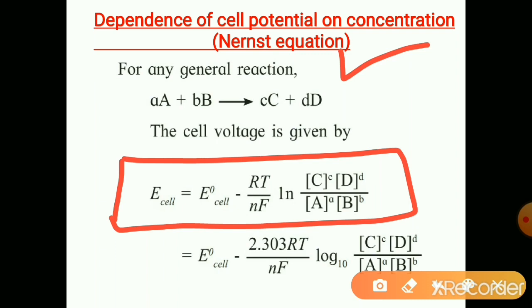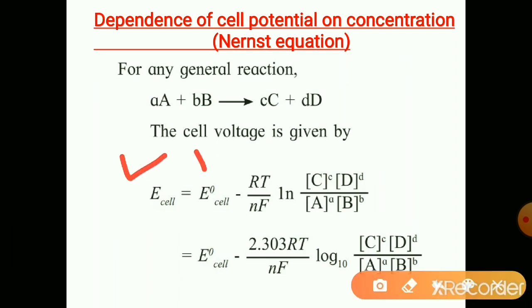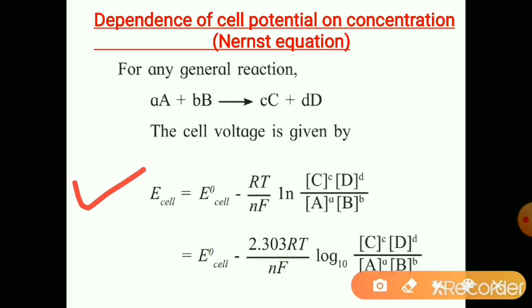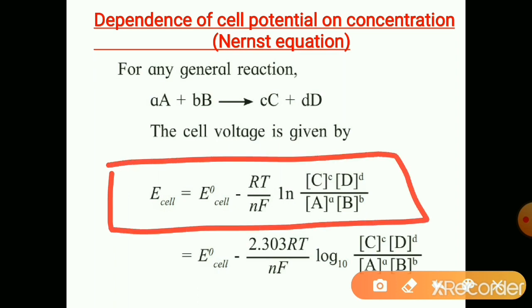The relationship between E of the cell, E naught of the cell, temperature, and concentration of the species is elaborated by Nernst. So this is the Nernst equation.